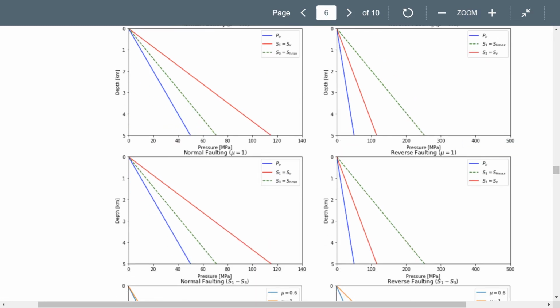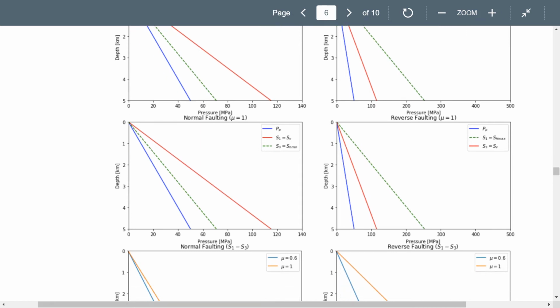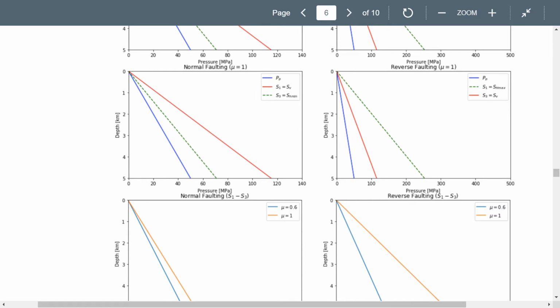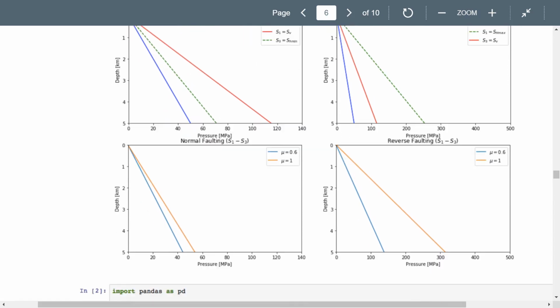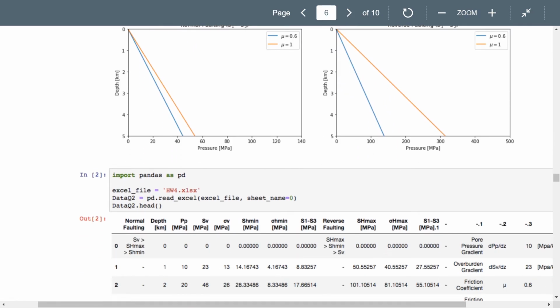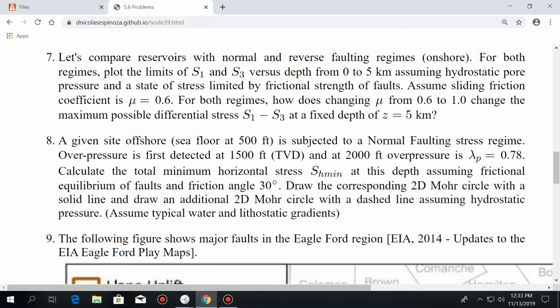In this case, the minimum principal stress for friction coefficient equal to 1 should be a lot closer to more or less 60. And this one should be closer to something like 400. So check your own solution and make sure that you have the right one. This one is incorrect, okay? And other than that, this is relatively straightforward.